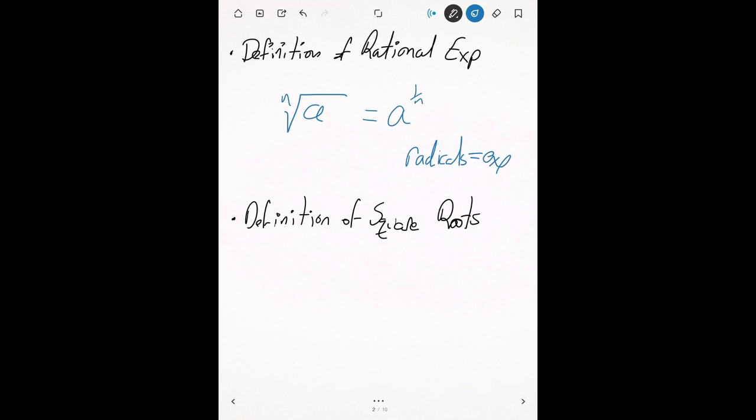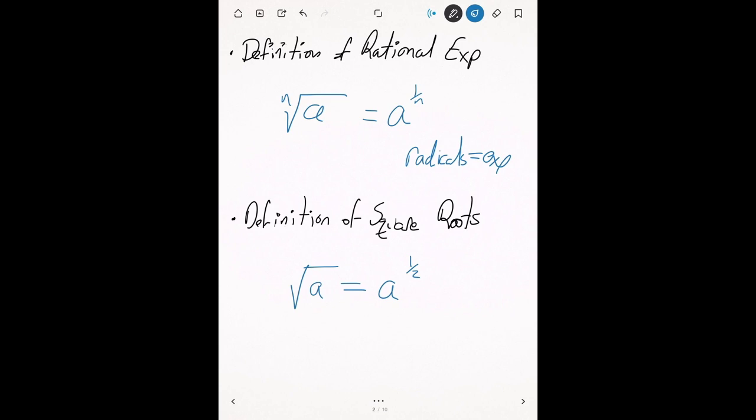So if I was to define the square root for you, if I was to take the square root of a, this is going to be a to the 1/2 power. Oftentimes, this is how you would have to type it into your calculator. Some of the new TI models have ways for you to input different roots very easily, but some of the scientific calculators don't always have that computing power.